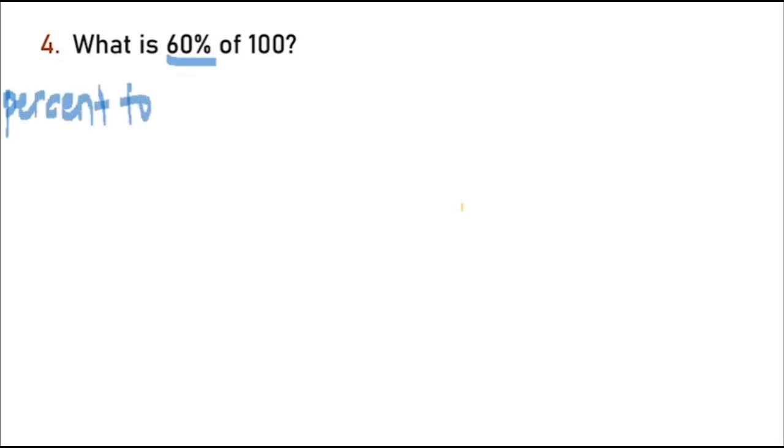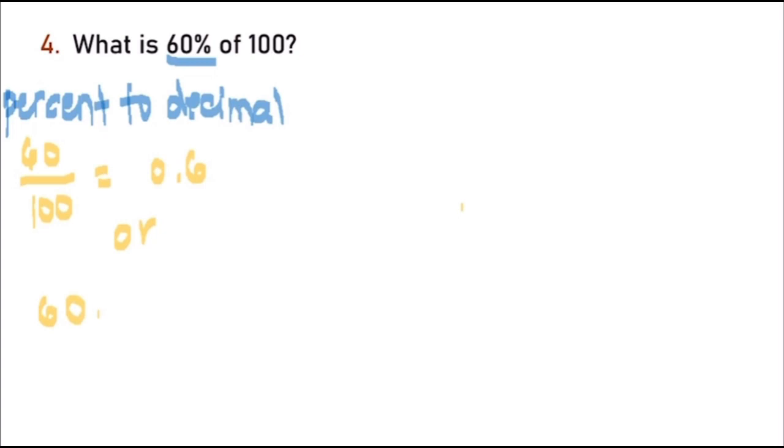Percent again means per 100. For this, we have to convert percent to decimal. So we have 60 divided by 100 is equal to 0.6, or just simply move the decimal place 2 places to the left.